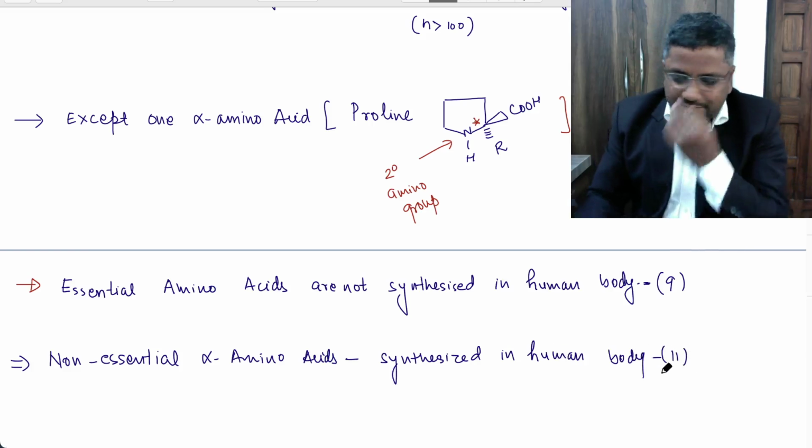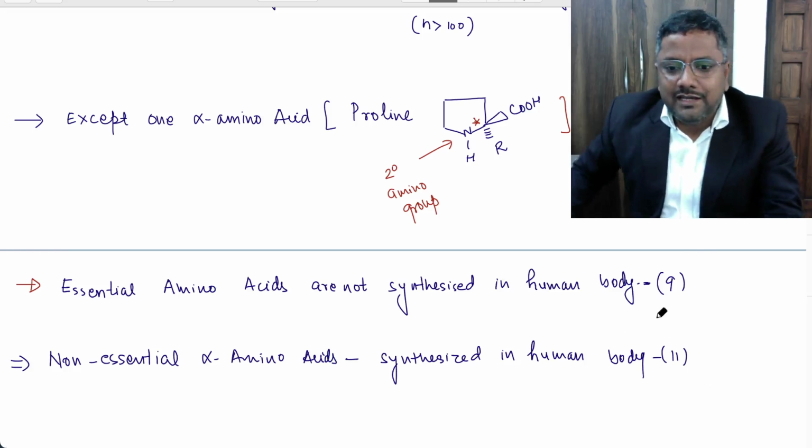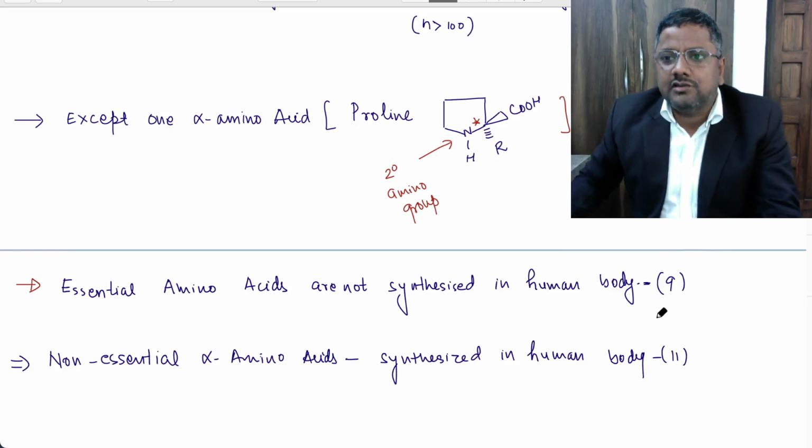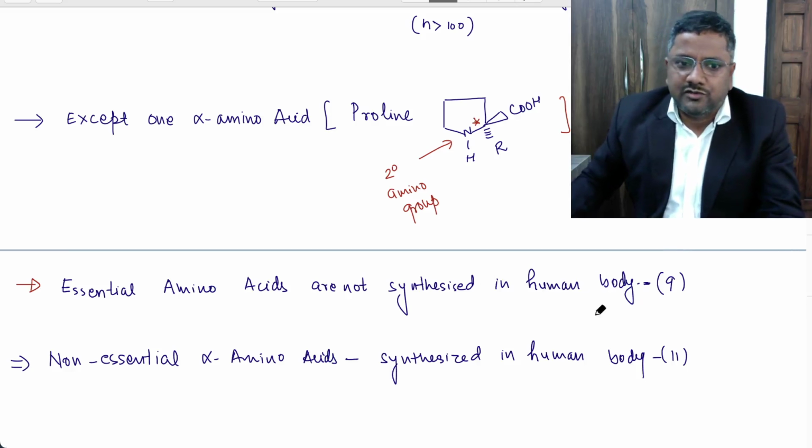So 11 amino acids are non-essential, which are synthesized in the human body, and 9 are essential, which are not synthesized in the human body. Clear to everybody? And now you can go through the names of those amino acids, right?